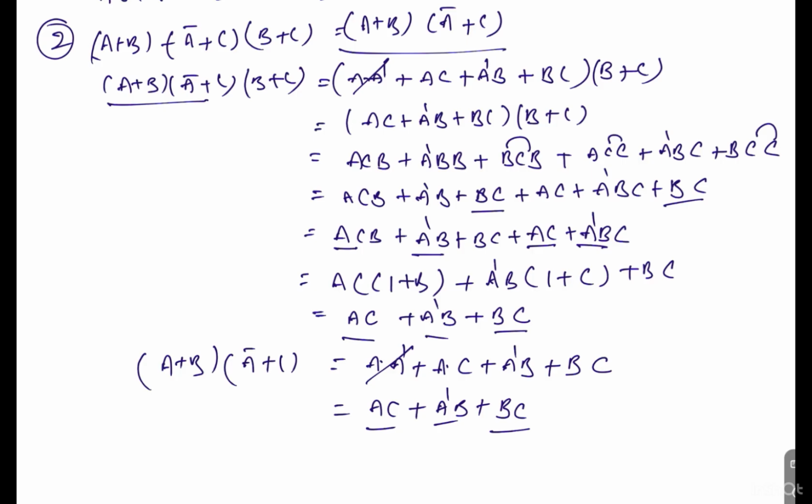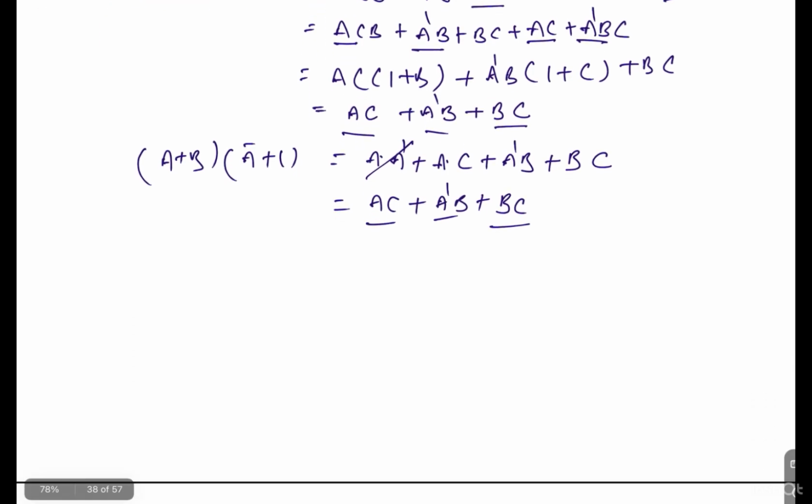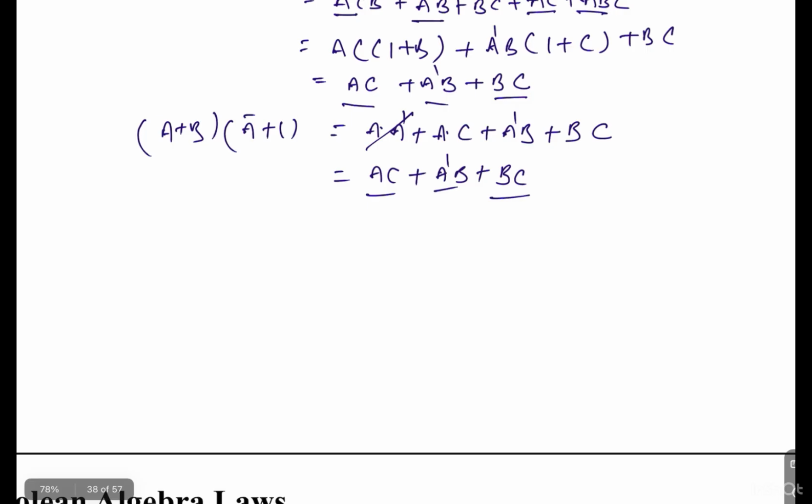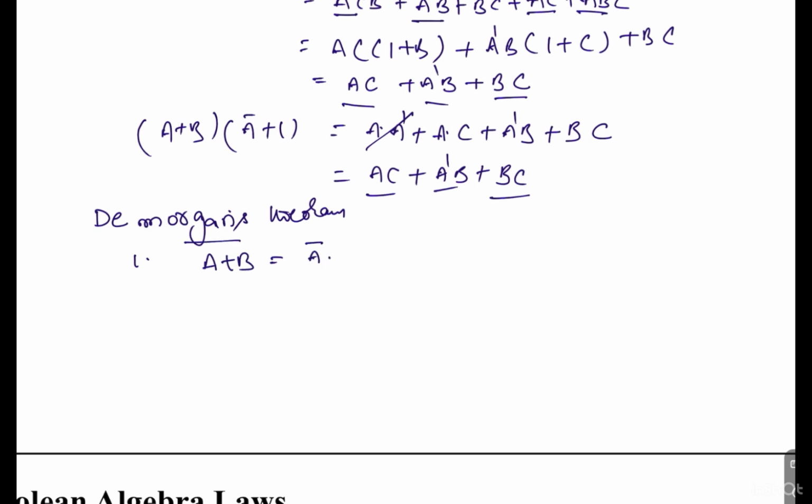So these two are the consensus theorem. And again De Morgan's theorem. So law 1 says that (A + B) whole bar is equal to A bar·B bar.